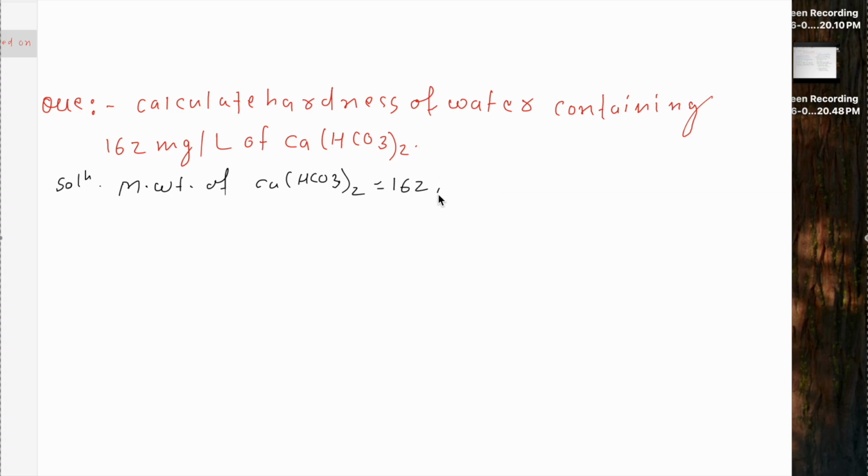And the valency of calcium is 2. What is the equivalent weight of this compound? It is 162 by 2, which is 81. So we got the equivalent weight.